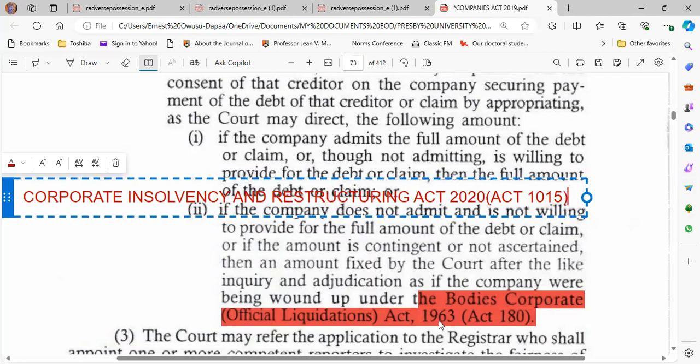So replace the Bodies Corporate (Official Liquidation) Act 1963 at 180 with the Corporate Insolvency and Restructuring Act 2020, Act 1015.